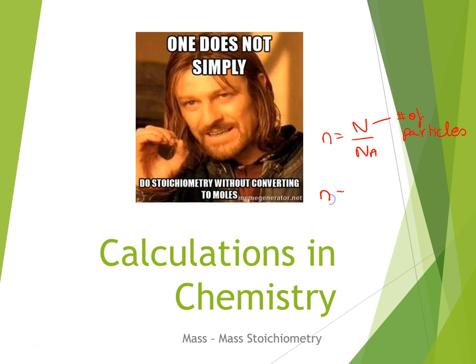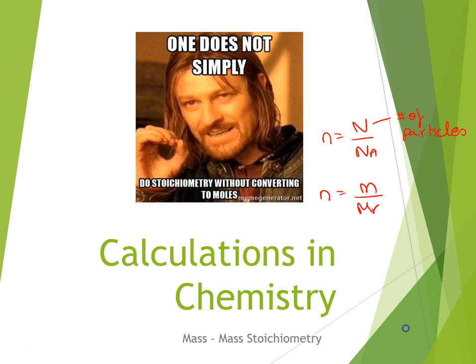And we've also looked at n is equal to m on Mr, where we've got the mass of a substance and we want to find the number of mole. So now we get to really start to put that into practice, combine it with some balanced equations and see where all this is leading and hopefully clear up some of that confusion.